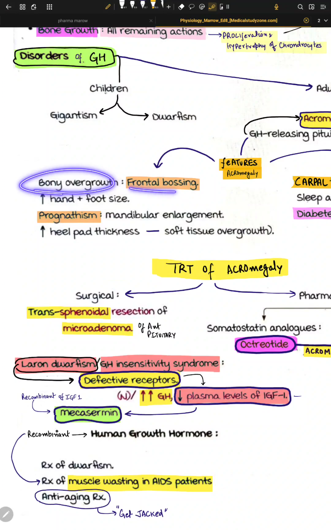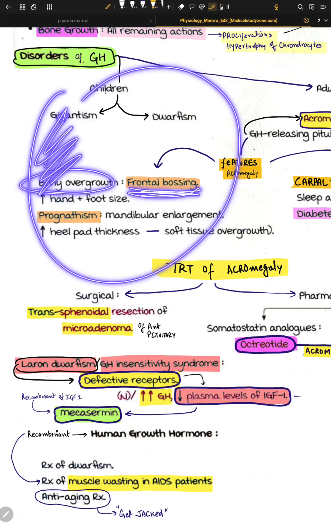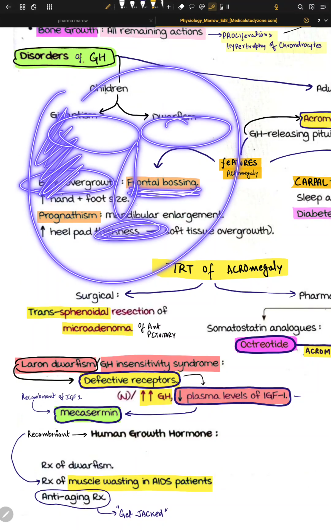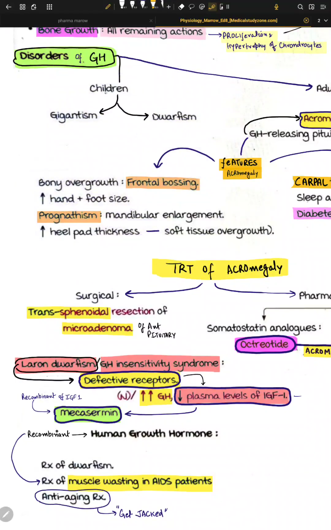Bony overgrowth is called frontal bossing. Your face, with your eyes, nose, and mouth, will have an enlarged bone structure here because you have a lot of GH in your body. So frontal bossing happens. Hand and foot size increases. It's called prognathism, mandibular enlargement.